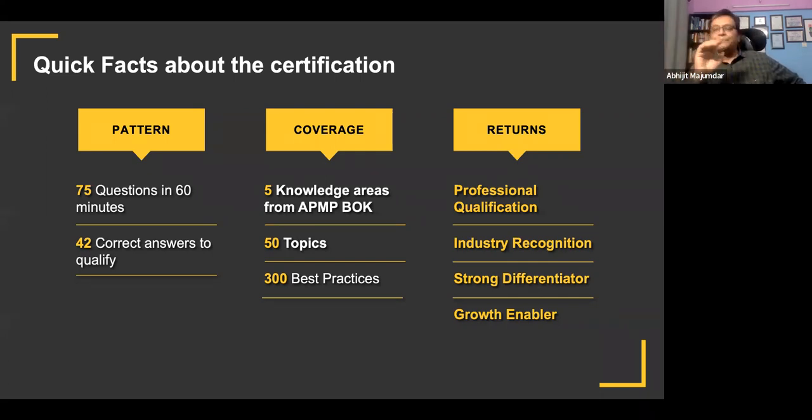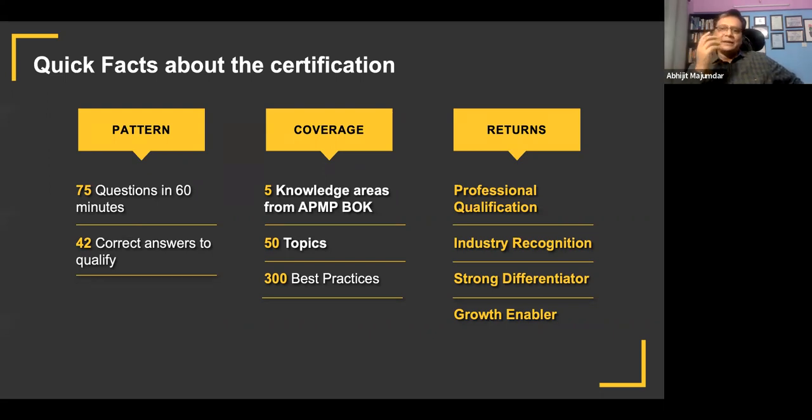I will explain that. But remember: 5 knowledge areas, 50 topics, 300 best practices, and the 75 questions are related to the best practices, but not about the best practices. That is what you need to always remember.